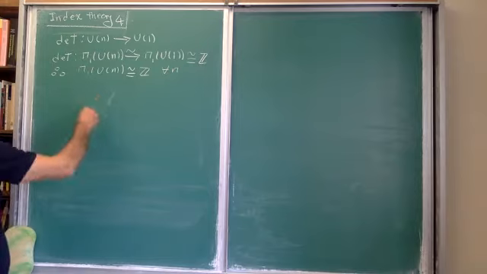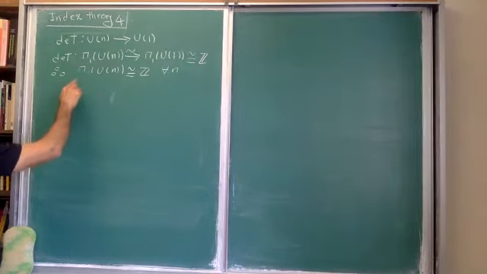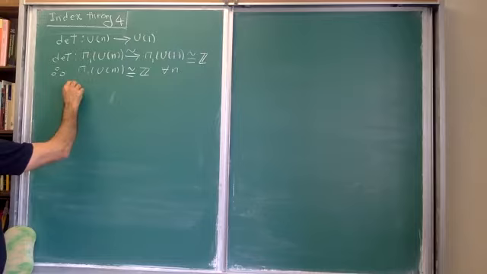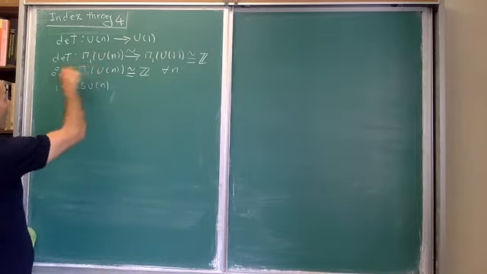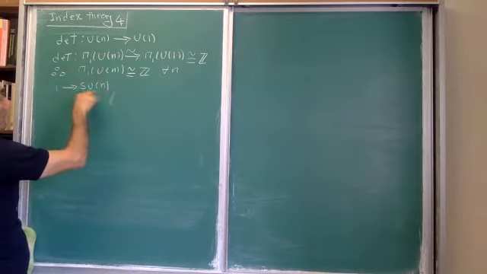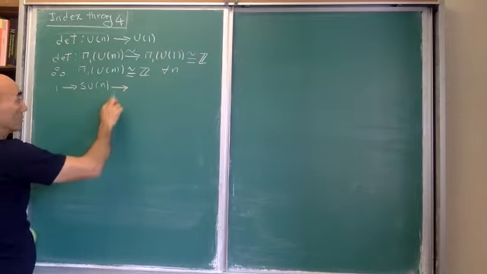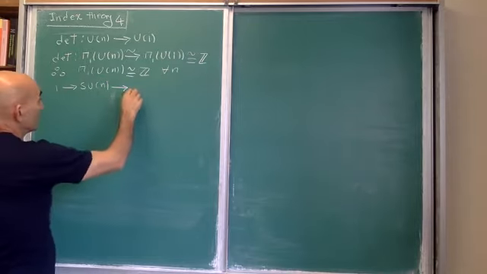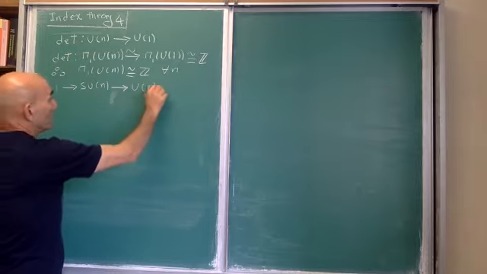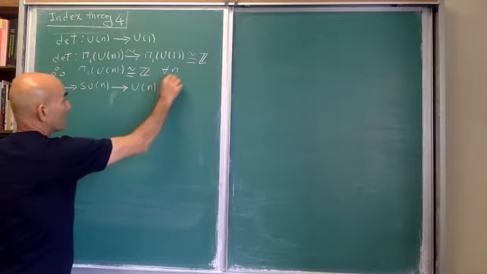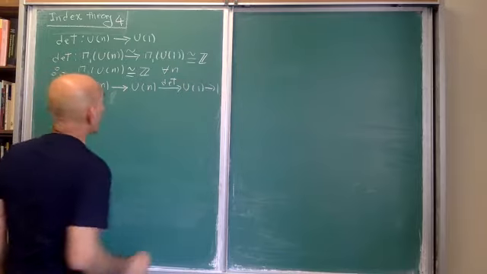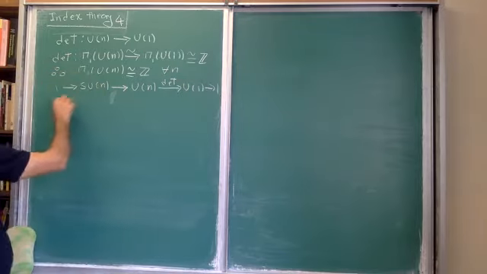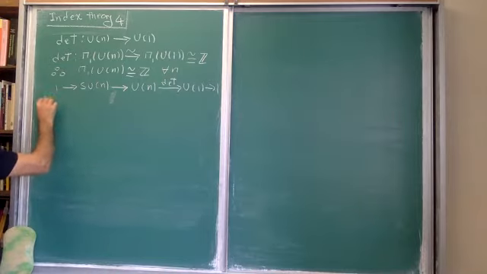So to prove this, you can just use this exact sequence, 1 to SUn, because the kernel of the determinant is SUn, the special unitary group, right? So this is Un, and by the determinant, you go to U1. So this is a group extension.